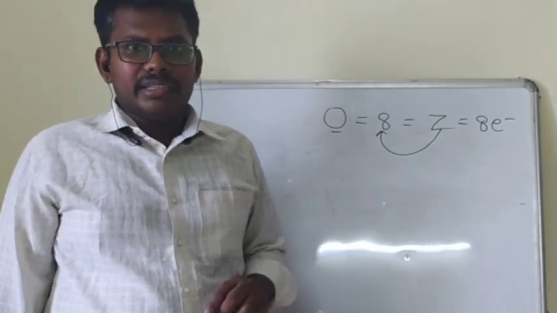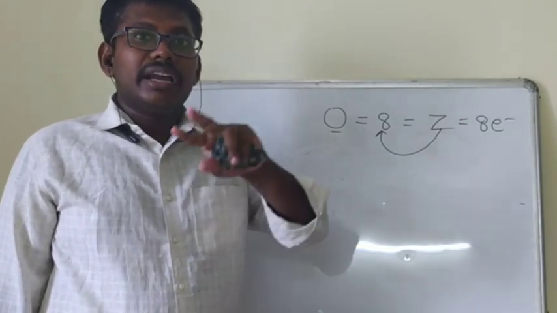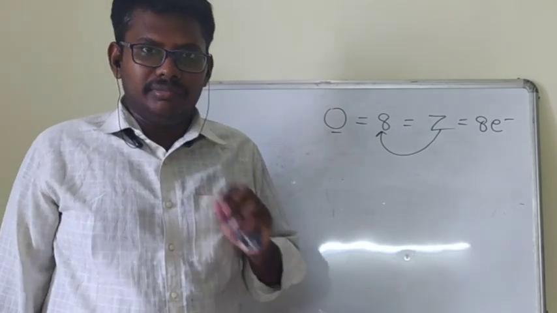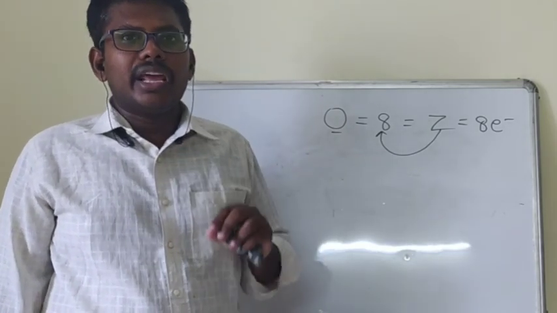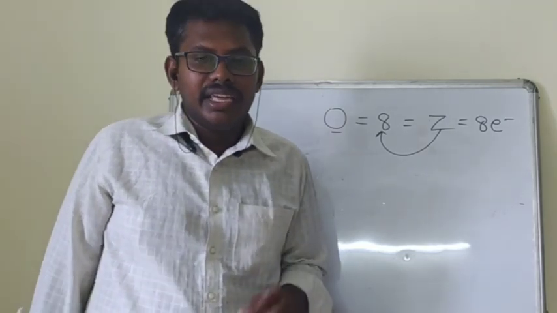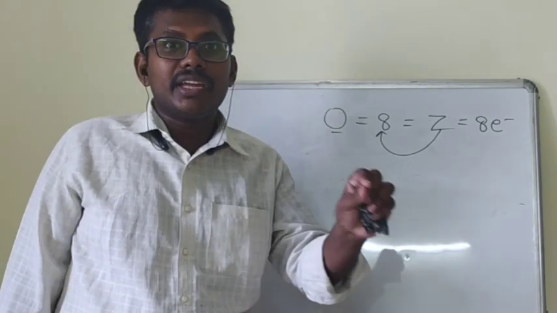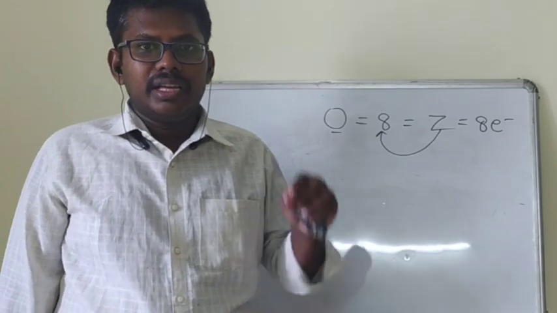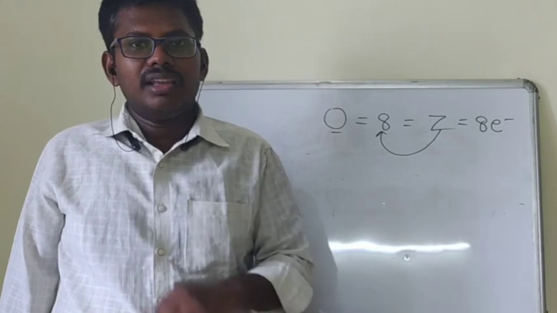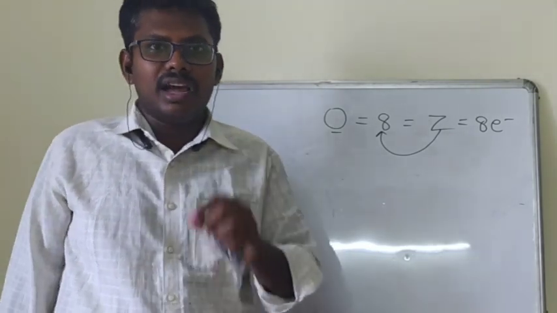The circular path in which an electron revolves is called an orbit. Another name of orbit is shell. Inside the atom we are having so many orbits. I said already, the electrons present in the last shell participate in the chemical reaction. That last shell we call the outermost shell or valency orbit.